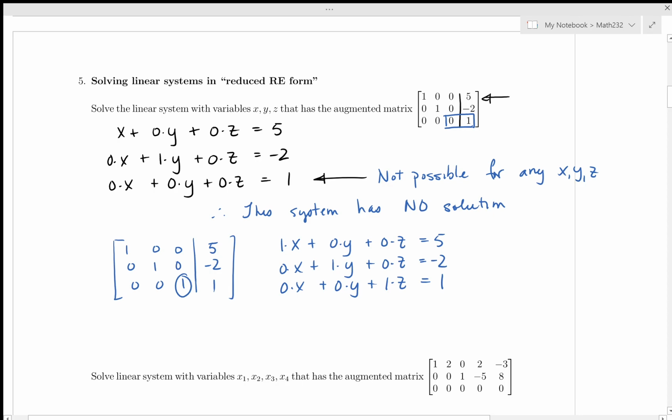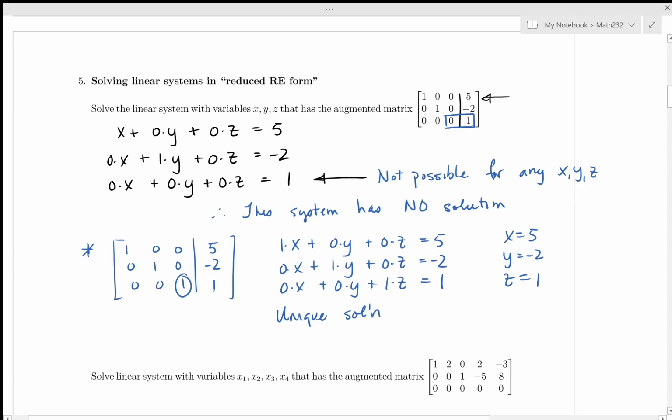Okay, so 0 times something is 0. Let me rewrite these: x equals 5, y equals minus 2, and z equals 1. So in this case, with this slightly changed augmented matrix, I get a unique solution, and there it is.